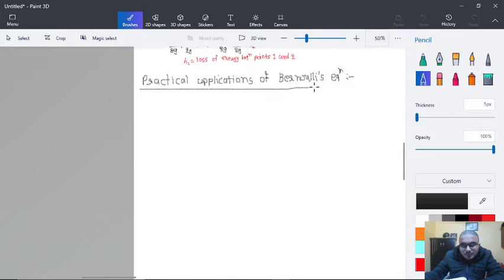So there are few applications that we are going to discuss in this chapter. First is venturimeter.